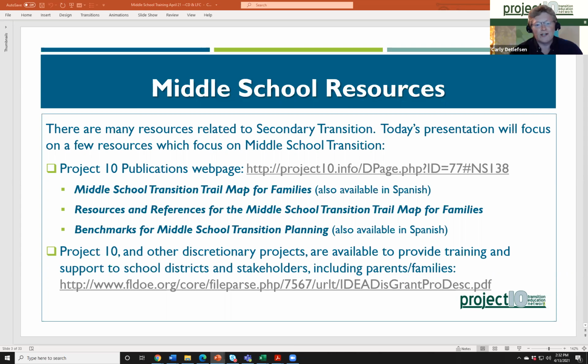So we have the middle school transition trail map for families. We have resources and references for the middle school transition trail map for families. And then we have the benchmarks for middle school transition planning. Those are also available in Spanish. So if you need those, we have those on our publications page, which you have the website for right there. Again, Project 10, we do training on all things transition, but this is one of our newer products developed for transition planning. Go ahead, Lisa.